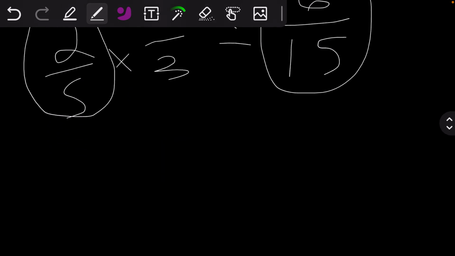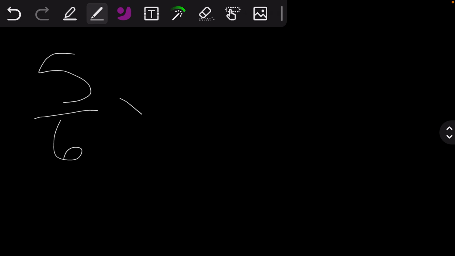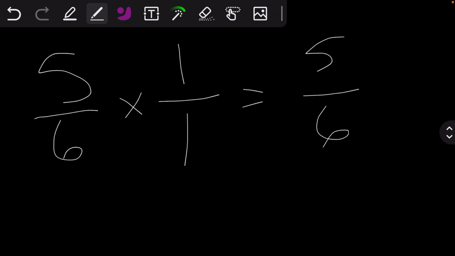Let's go for about 2 more examples. Let's say we have the fraction 5 over 6, and let's multiply this one by 1. 5 times 1 is 5, and 6 times 1 is 6.